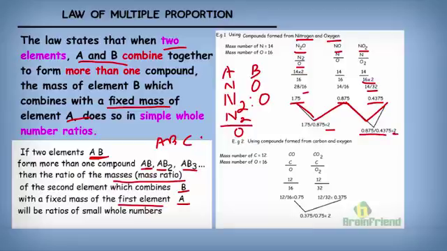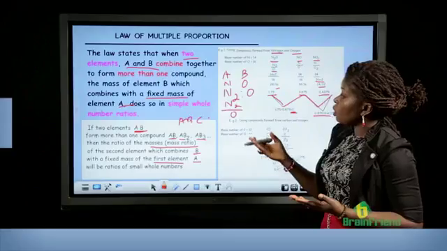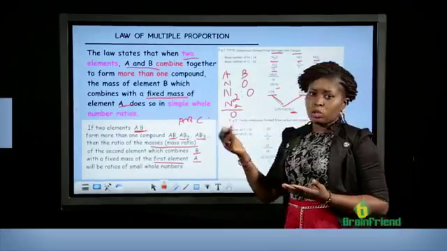So you see that in comparing these compounds, these numbers, okay, are indicating that they are present in simple whole number ratios. This is what these numbers are indicating. So you see that they are just simple numbers. They are not even more than 2 or 3. Just simple whole numbers. So that is what this law is trying to prove.